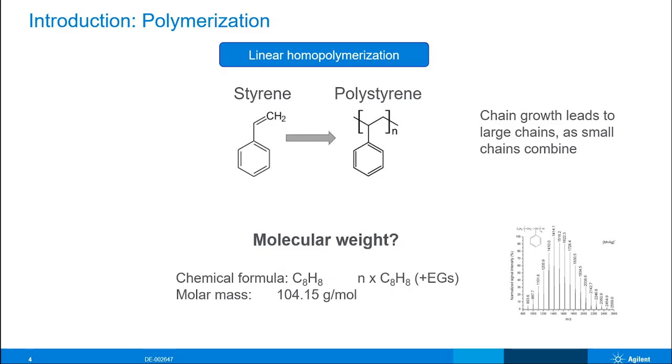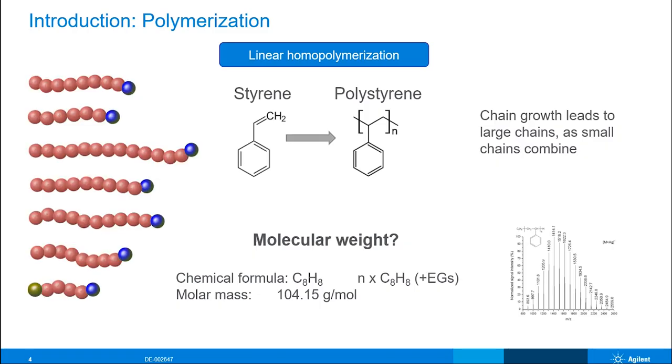So to dive a bit deeper into what I was saying, if we look at the most basic polymerization that we can take a look at here, taking the monomer of styrene and creating polystyrene from it. Now, when you do a polymerization, you're targeting a specific molecular weight of your polymer, but in reality, what you end up with is a statistical distribution, much like we see on the left.